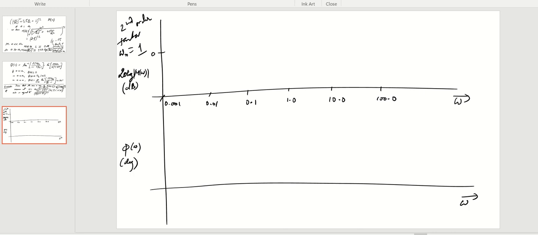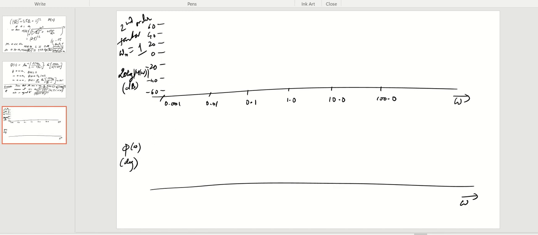This is 0, this is 20, minus 20, minus 40, minus 60, 20, 40, 60. Now we have a 0 here. Let me just rectify that.